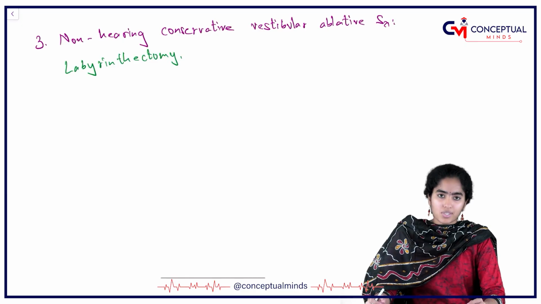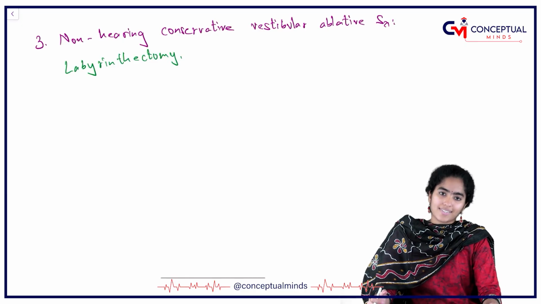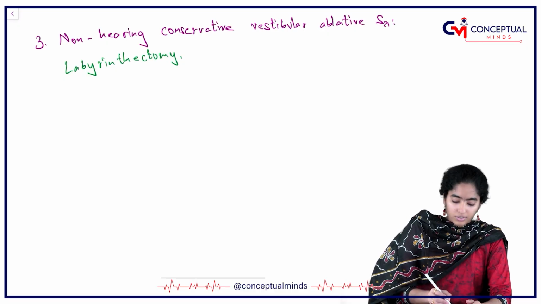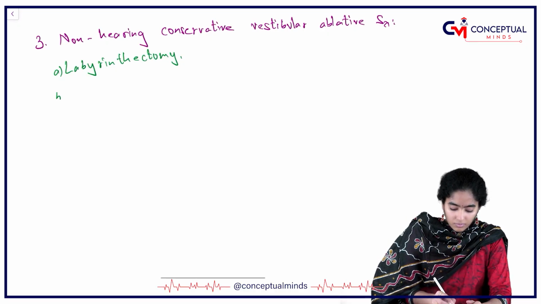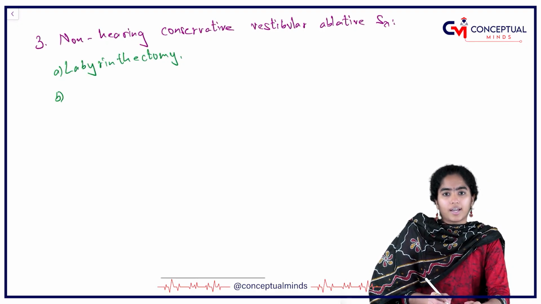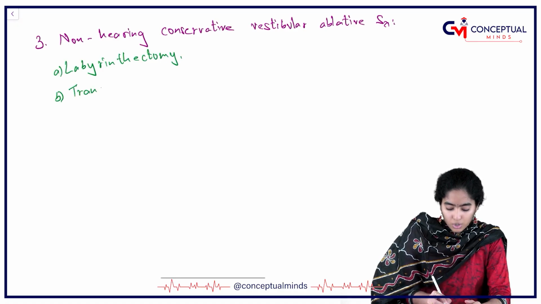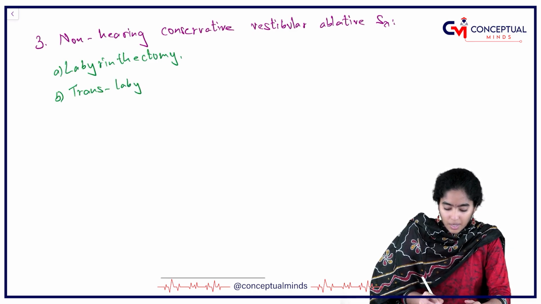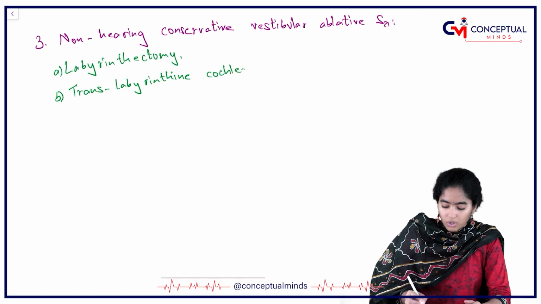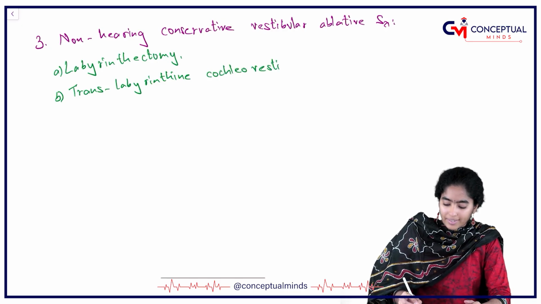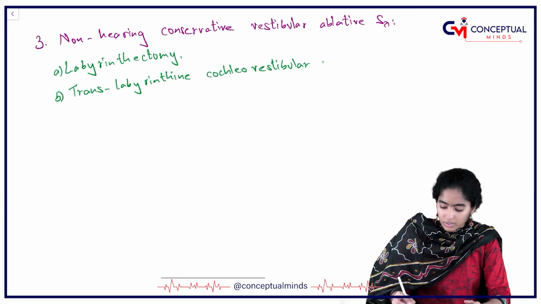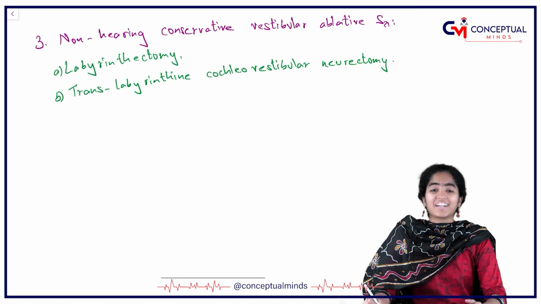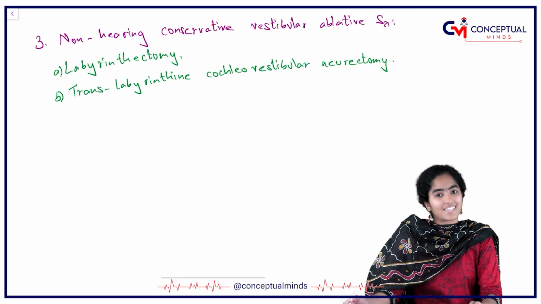How do we perform this ablation? By using hypertonic saline. Or a translabyrinthine cochleovestibular neurectomy is done. If only vestibular neurectomy is done, it is hearing conservative.